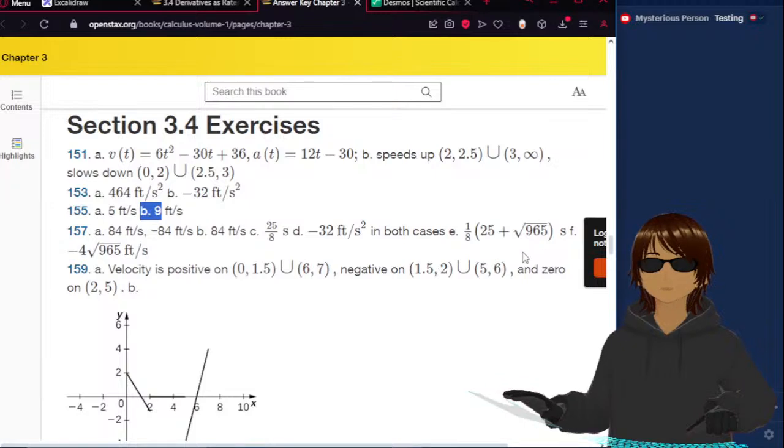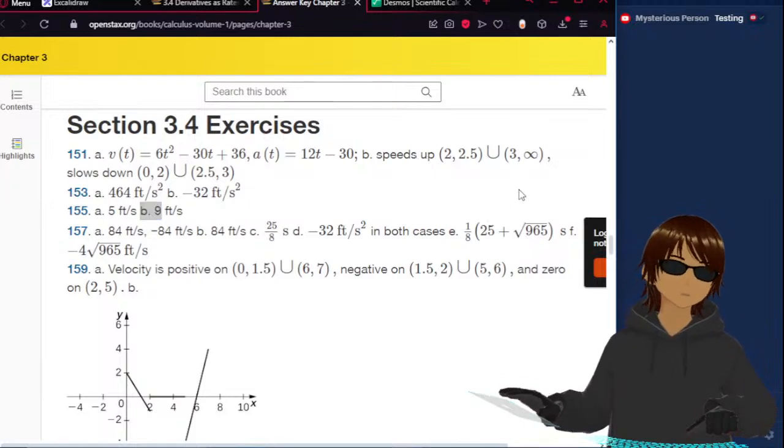E is, what is this? 25 times root 965. It's 25 plus.